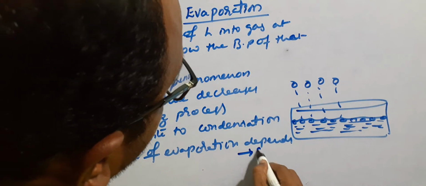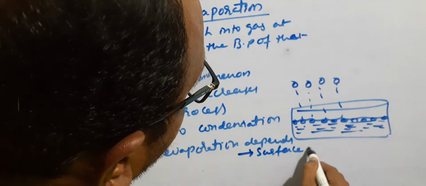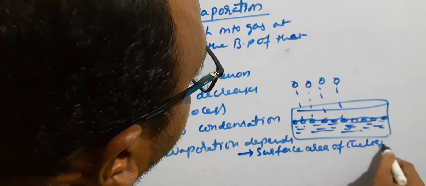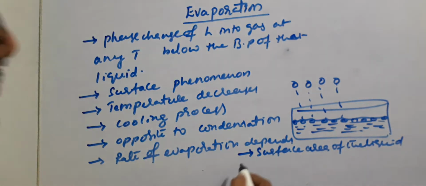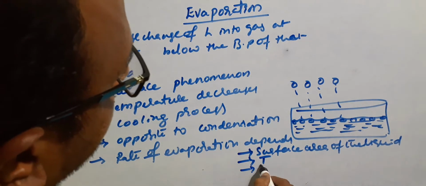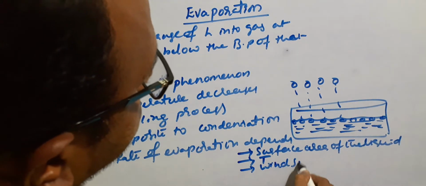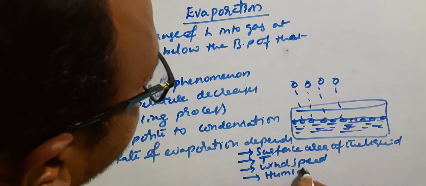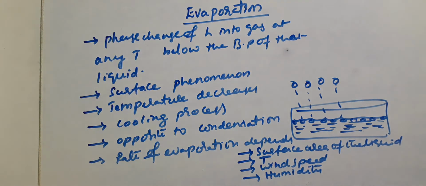Those are surface area of the liquid, temperature, wind speed, and humidity. So these are the factors which can influence the speed of evaporation or rate of evaporation. So this is clear information about evaporation.